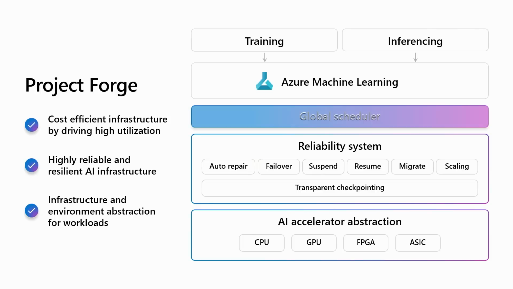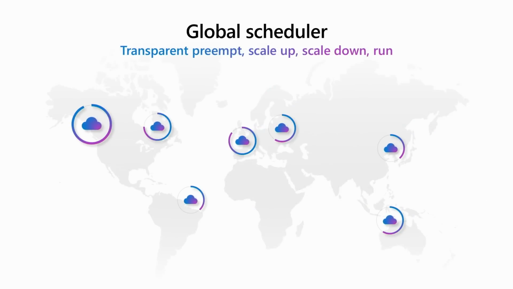One of the key ones is this global scheduler. This global scheduler treats all of the GPUs in all of the regions around the world as a single pool, and we call it one pool. The idea is that when we have that kind of capacity to resource manage, we can do it more efficiently.